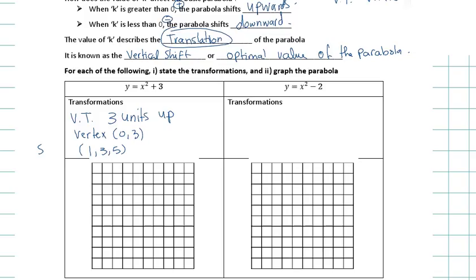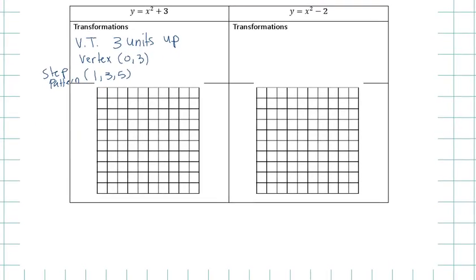So if I want to graph this, I'm gonna start, where's my vertex again? Can you guys remind me? (0, 3). So 1, 2, 3. So this is where my vertex is.